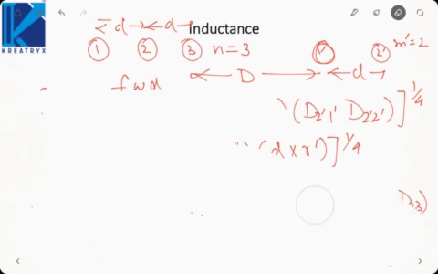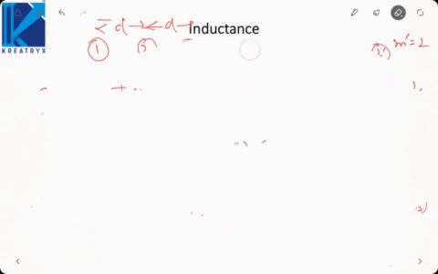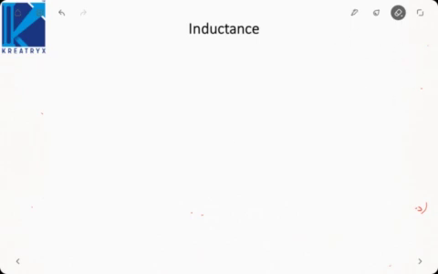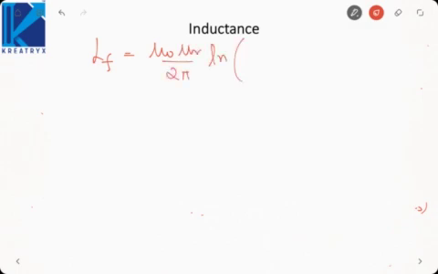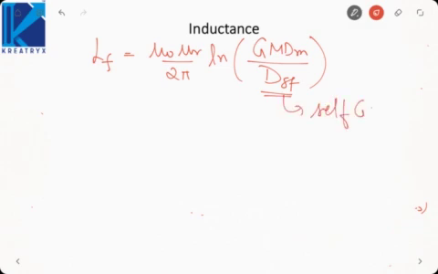Now while we are calculating the inductances, inductance of forward path will be mu naught mu r by 2 pi ln GMD mutual by DSF, that is GMD self for forward path. Okay, self GMD forward.